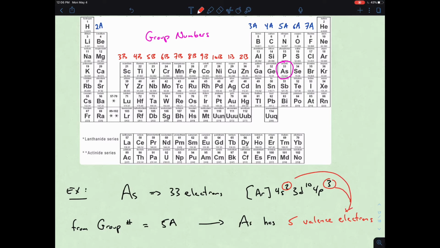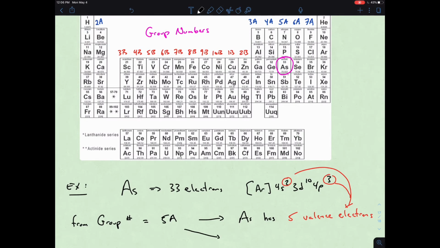Remember, the 3d is full, and now that's part of the core. Right? I can also then say that arsenic has a Z effective equal to +5. Let's check that out.